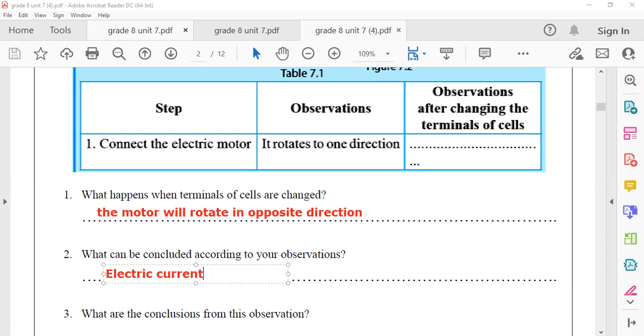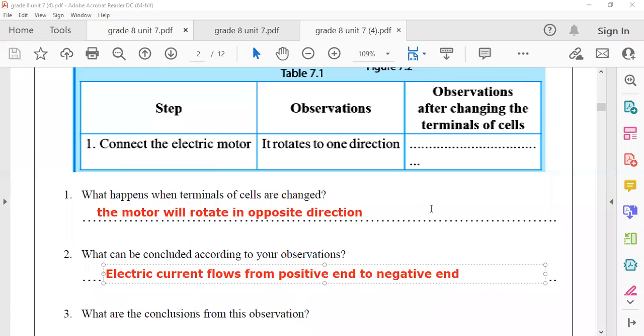Electric current flows from the positive end to the negative end.